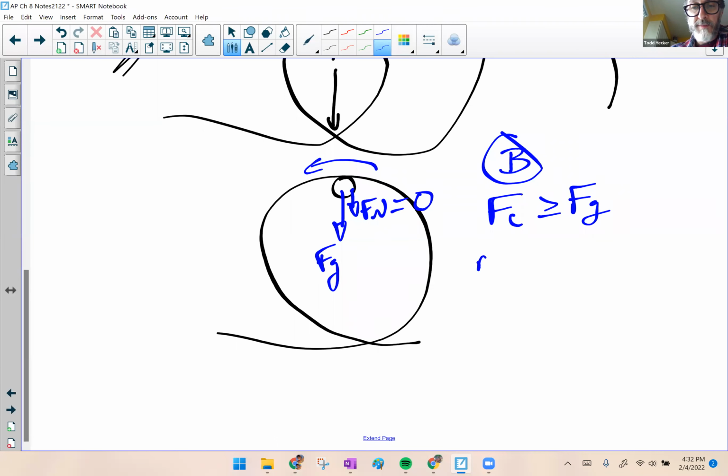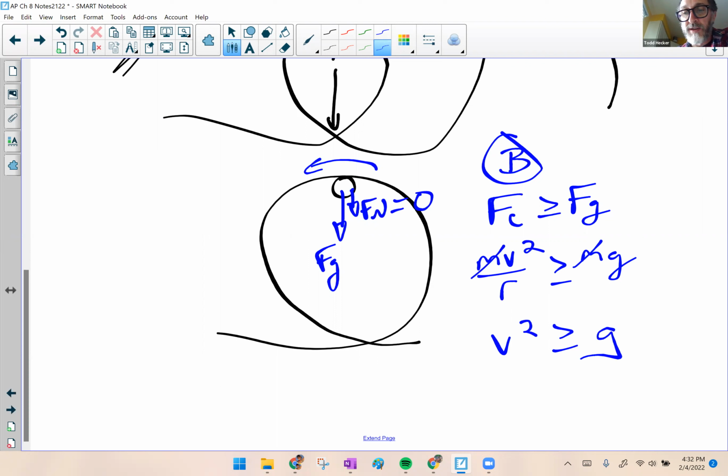So mv squared over r has to be at least as big as mg. Cancel the m's and you solve and you get that v squared has to be at least as big as g times r. Okay, and we can plug in our numbers and figure out what that is. And what you'll figure out is that v squared is at least, remember, we know our radius is 15 meters, right?